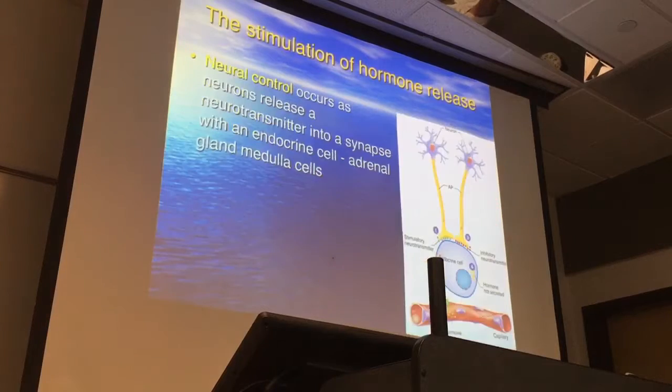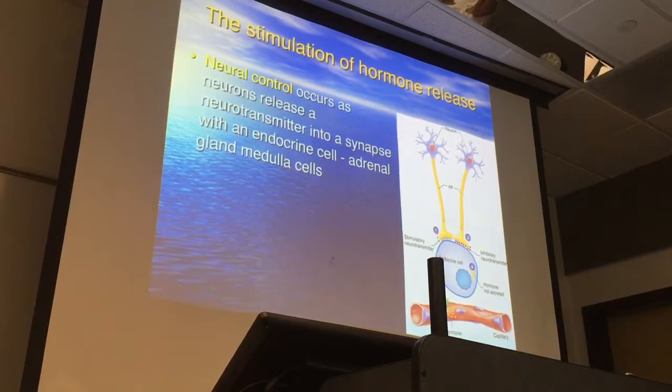Okay, the next signal is neural control. Here we have a neuron cause the endocrine cell to release its hormone, okay? The adrenal gland medulla cells, these cells are called chromaffin cells, is one of the names for them, and an action potential going down a neuron, it's not myelinated, in the sympathetic division, it should be myelinated, would go and stimulate these cells.